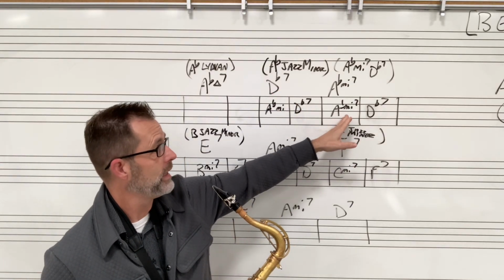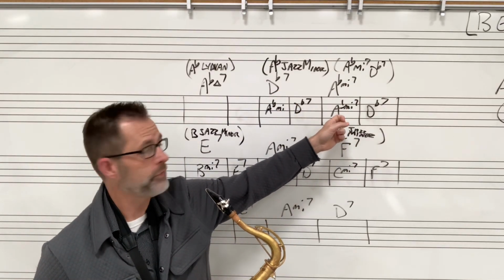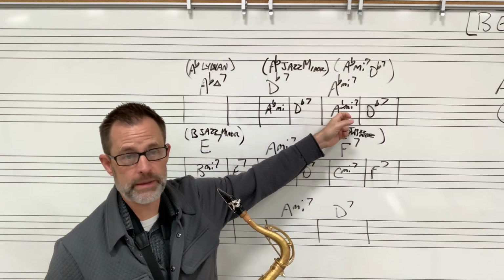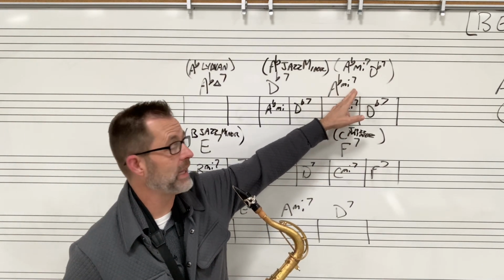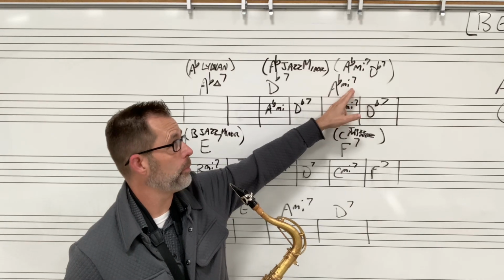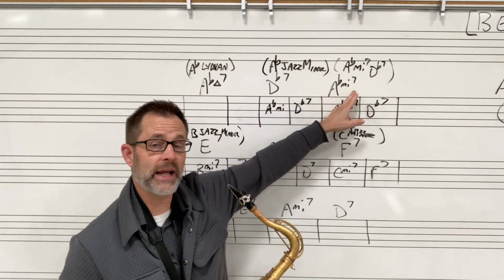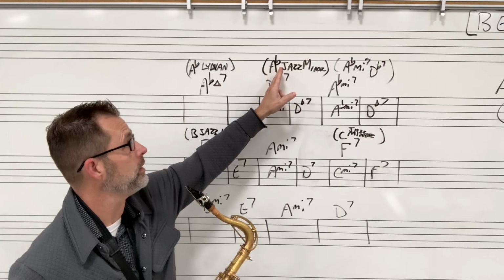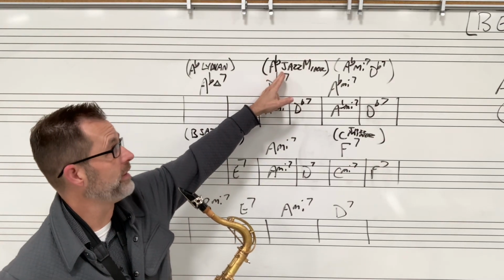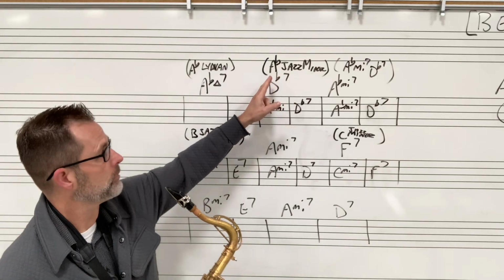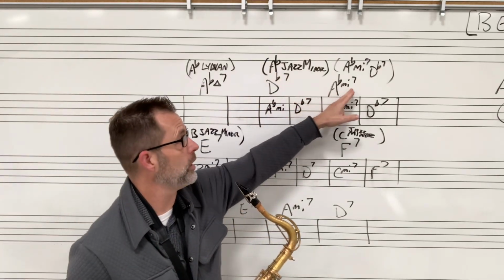Now, next chord, A flat minor. So now this really is just a straight minor chord with the flat 7. So I'll arpeggiate and change the 7 to the flat 7. Here I was doing the G natural, so the major 7 over this A flat minor, because that's part of the jazz minor scale. But here I'll do the flat 7.